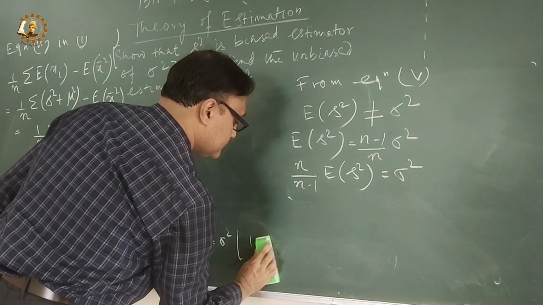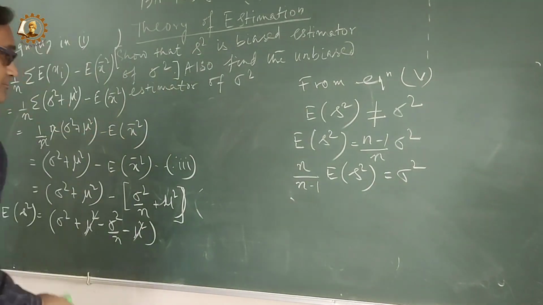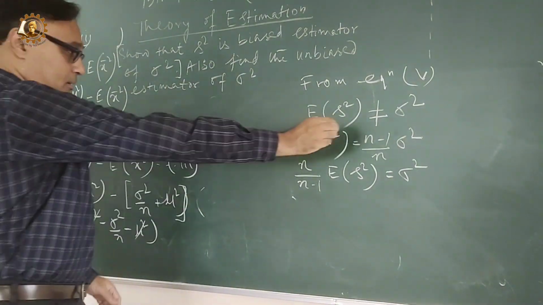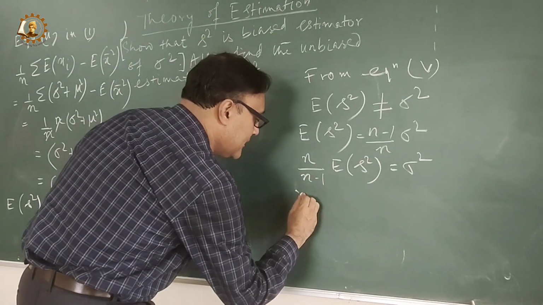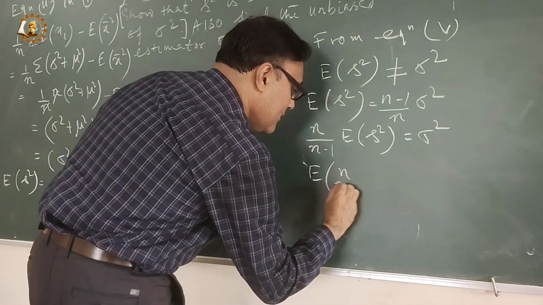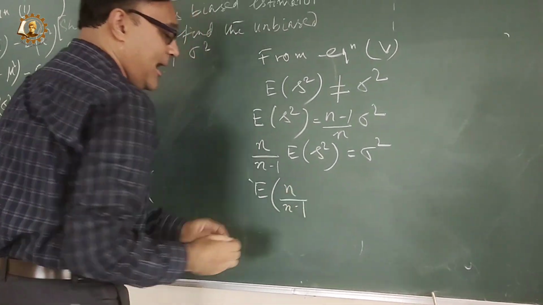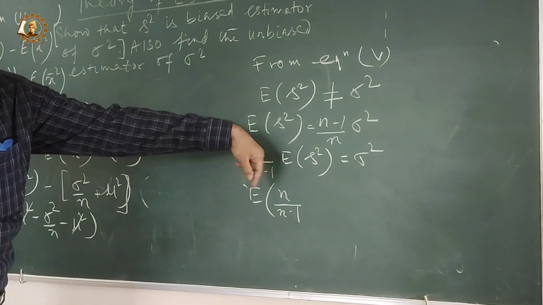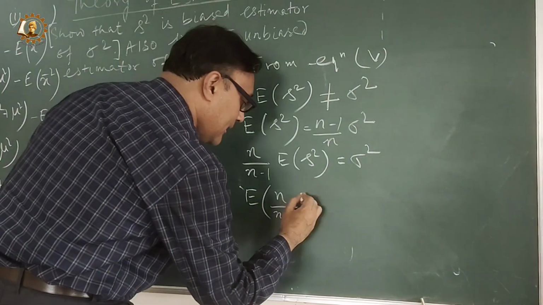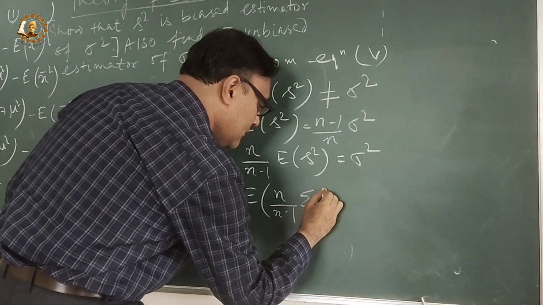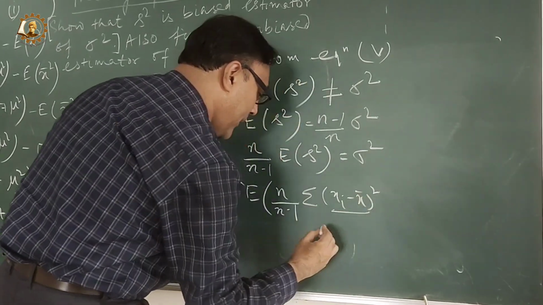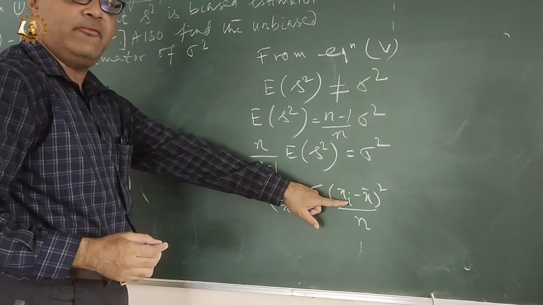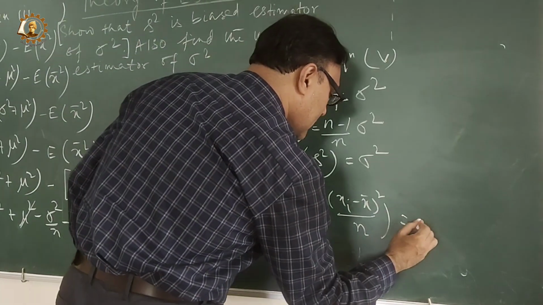Now if we take this n by n minus 1 inside, then we will be getting E of n by n minus 1, and we replace this s square by its expanded form. Then we can write this as summation xi minus x bar whole square by n, because we know this is the definition of s square, is equal to sigma square.